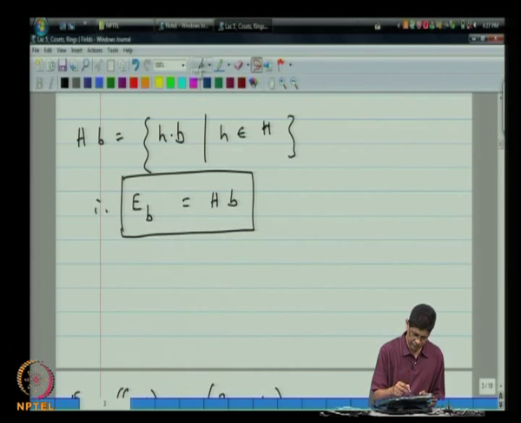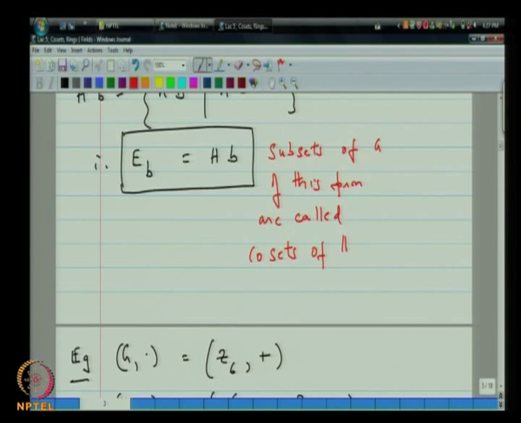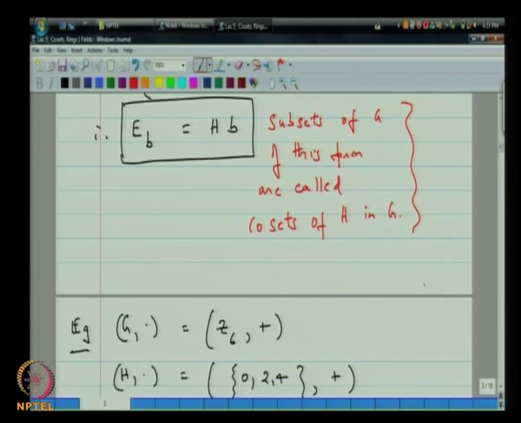Subsets of G of this form are called cosets of H in G. So, this set is an example of a coset.